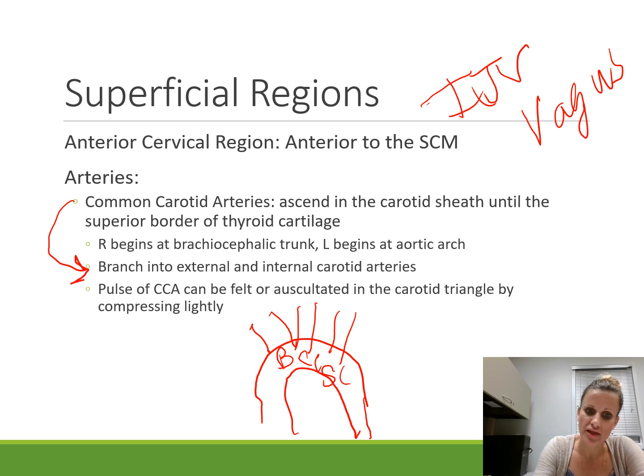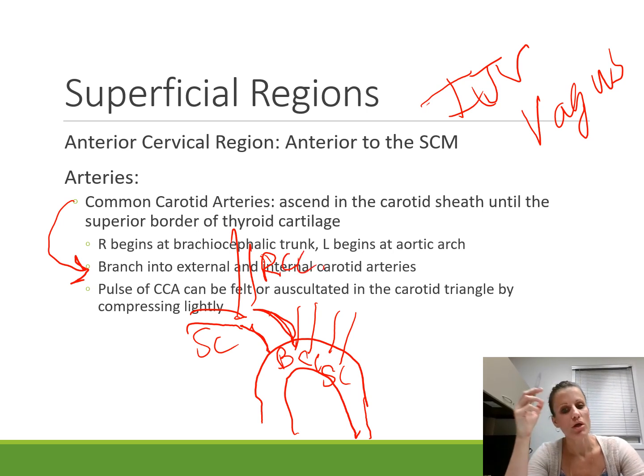This brachiocephalic trunk goes to the right side, and then it's going to split into the subclavian and into the right common carotid. So the right common carotid artery begins at the brachiocephalic trunk. The left common carotid artery begins directly off of the arch of the aorta.